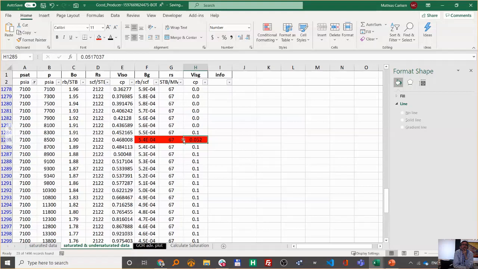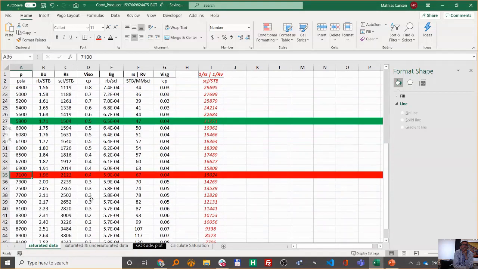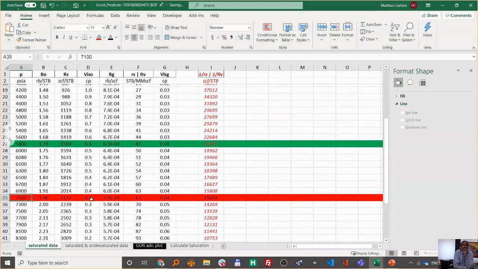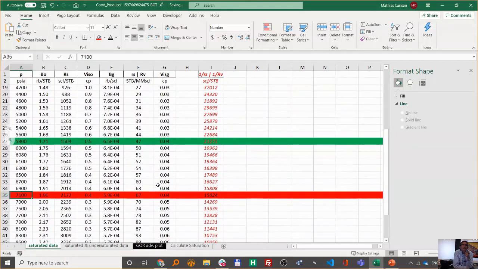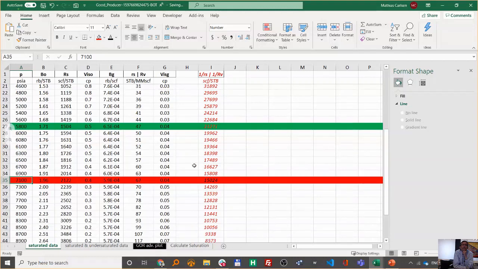The last case that we were given was the case where the total GOR was 10,000. So the total GOR was 10,000, and the pressure was 5,000.